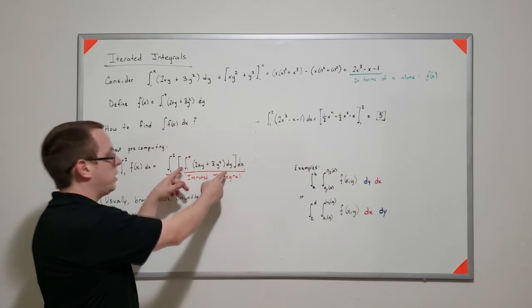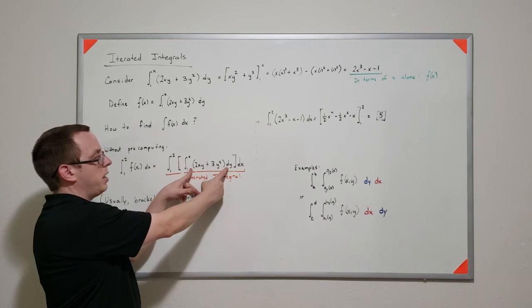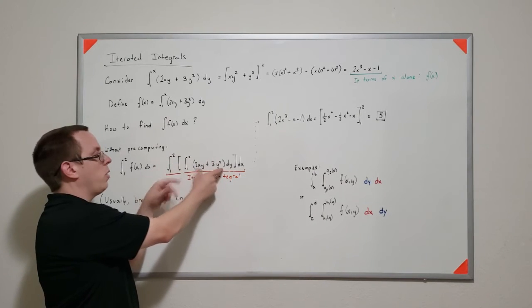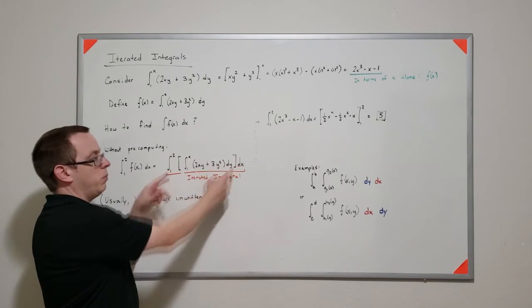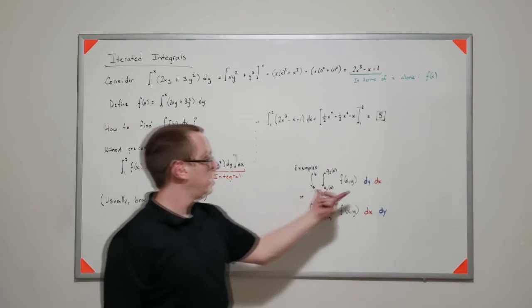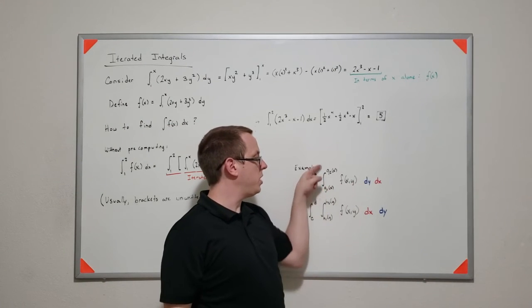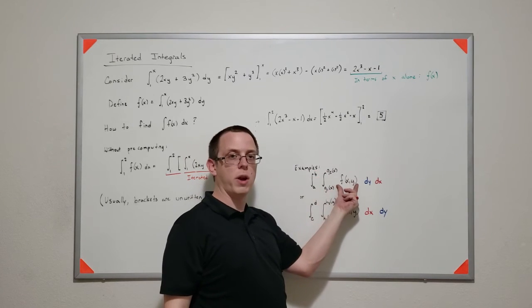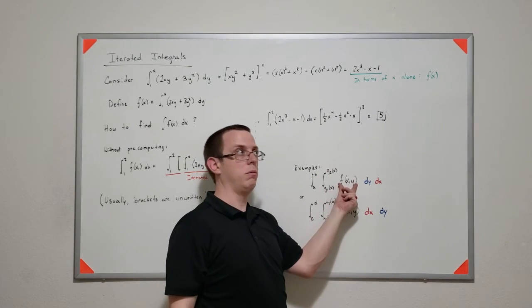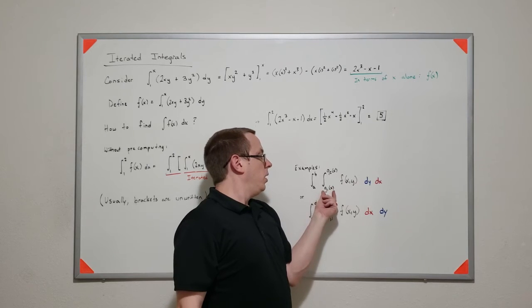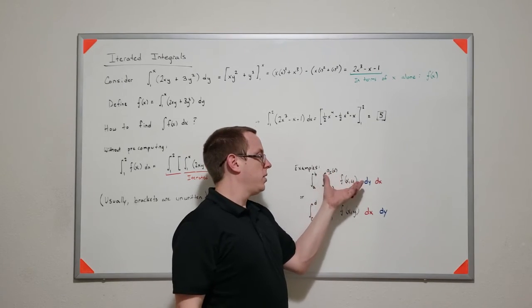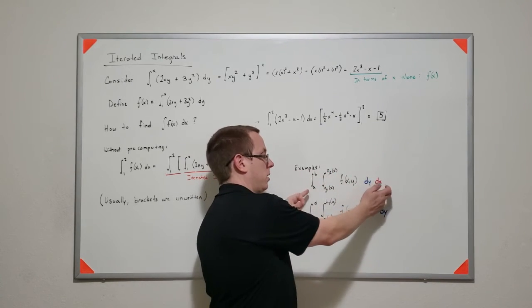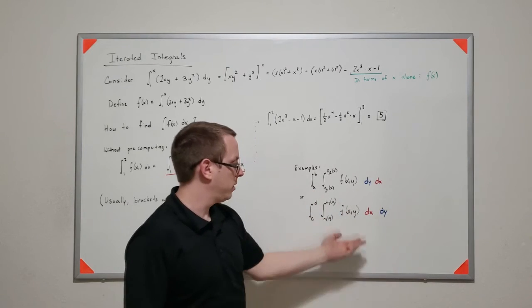So notice in this case, dy was inside, or was first here, so we integrated with respect to y, then with respect to x. So notice that our limits here are with respect to x, because we're going to antiderive it, sub in the limits for x, and then you have just a function in x, and you integrate with respect to x.